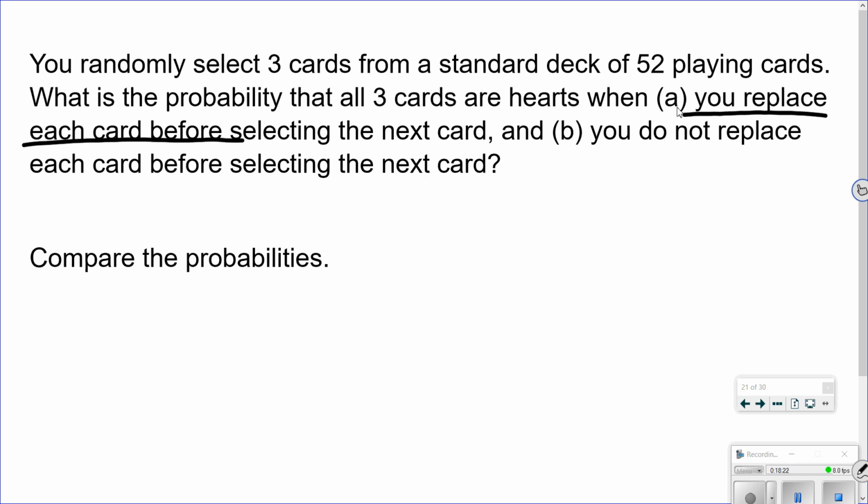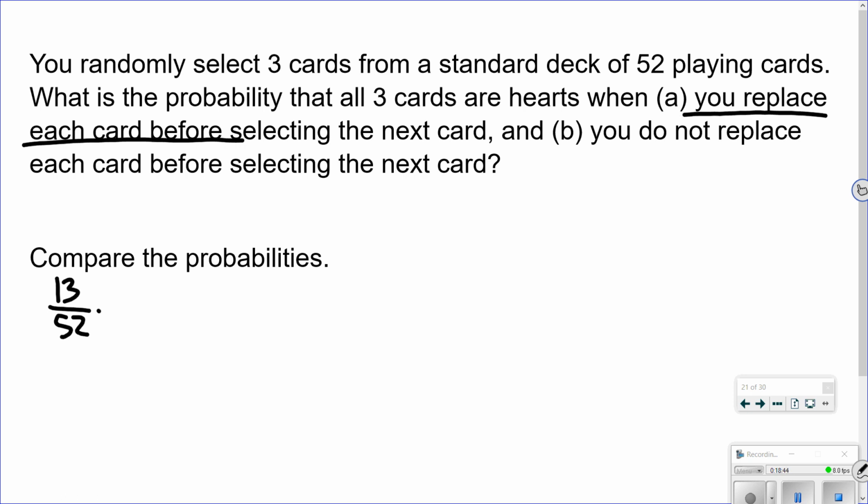So let's do A. I don't know how well you know playing cards, but they're divided into 4 suits. So if you go 52 divided by 4, there are 13 heart cards. So I go to draw my first card, I have a 13 in 52 chance of getting a heart.